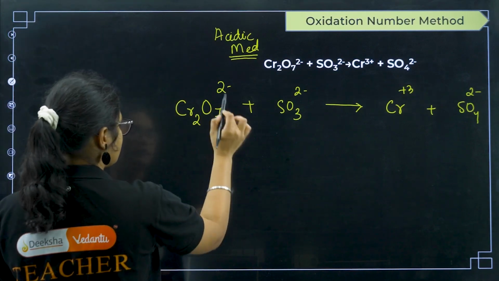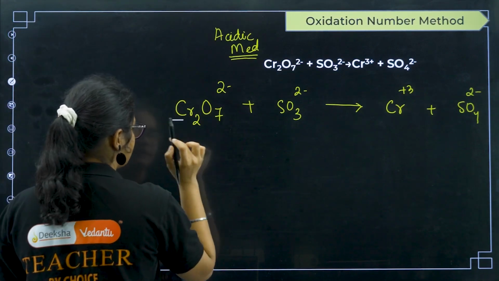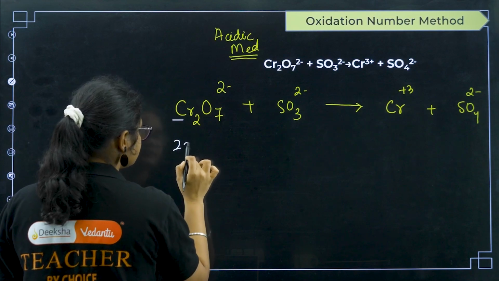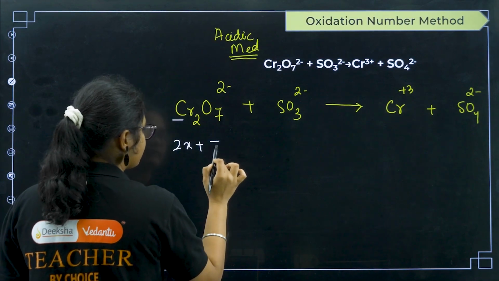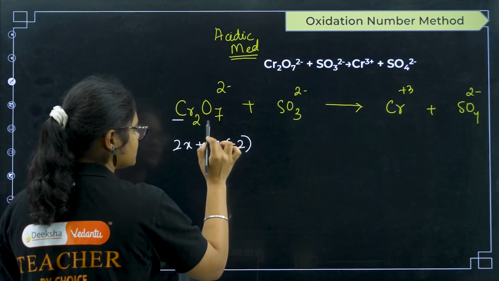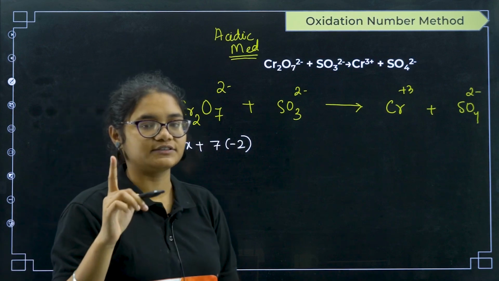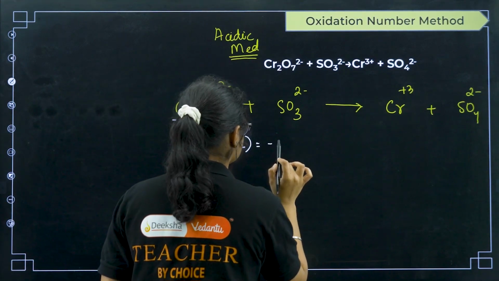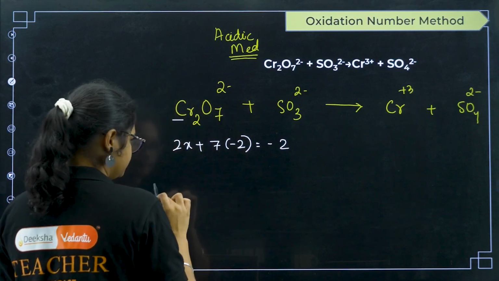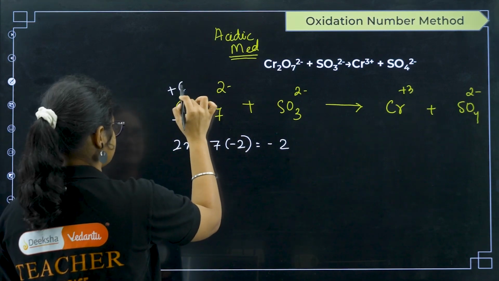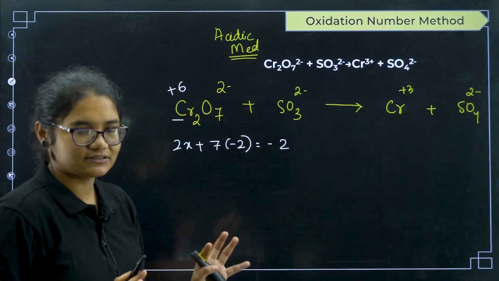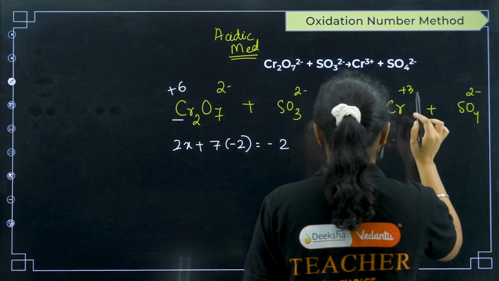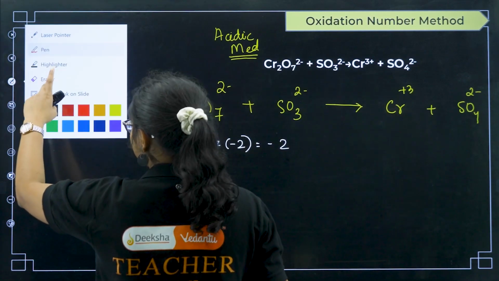You can calculate, I taught you how. Let chromium be x, so 2 times x plus 7 into minus 2 is equal to minus 2, and I get plus 6. Chromium is in plus 6 oxidation state, and here chromium is in plus 3 oxidation state.